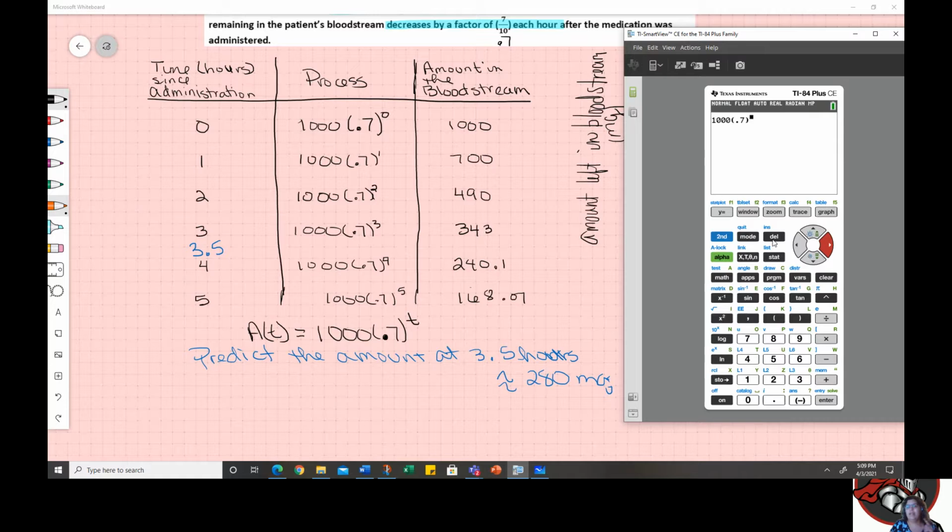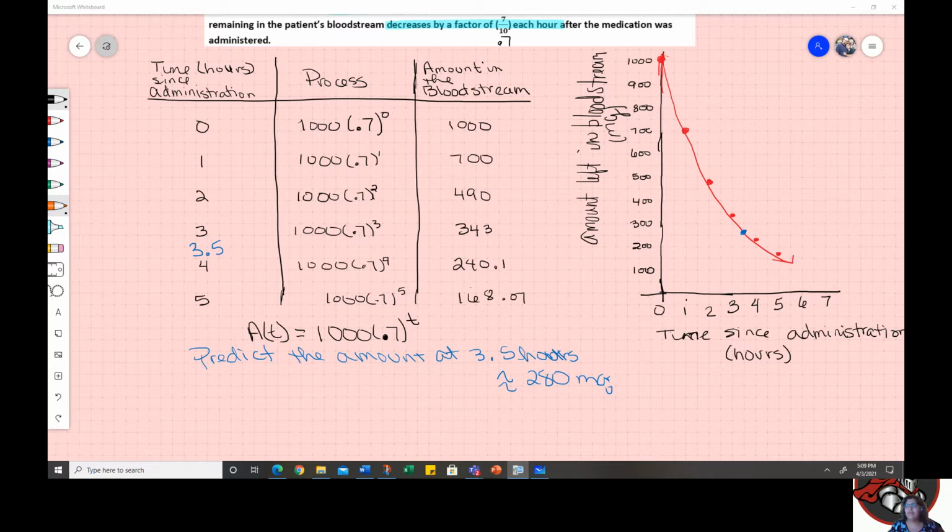Because we're going to put this into our y equals, we're going to do it to the x power because it's only an xy graph. Because we're looking at a specific point, we're going to go ahead and do times 3.5. And when we do that, we get 286.97. So our estimate was pretty decently close.